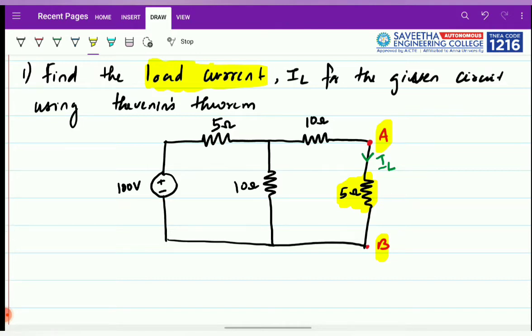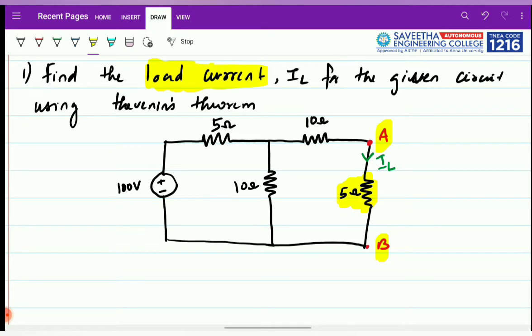In some cases they say find the current flowing through a 5 ohm resistance using Thevenin theorem. So in that case, the 5 ohm resistance is taken as the load resistance, and the terminal which connects the 5 ohm resistance is taken as the load terminals. And in that case, if they specifically say a particular value of the resistance, you will not have a repeated value of the resistance in any of the circuit, right?